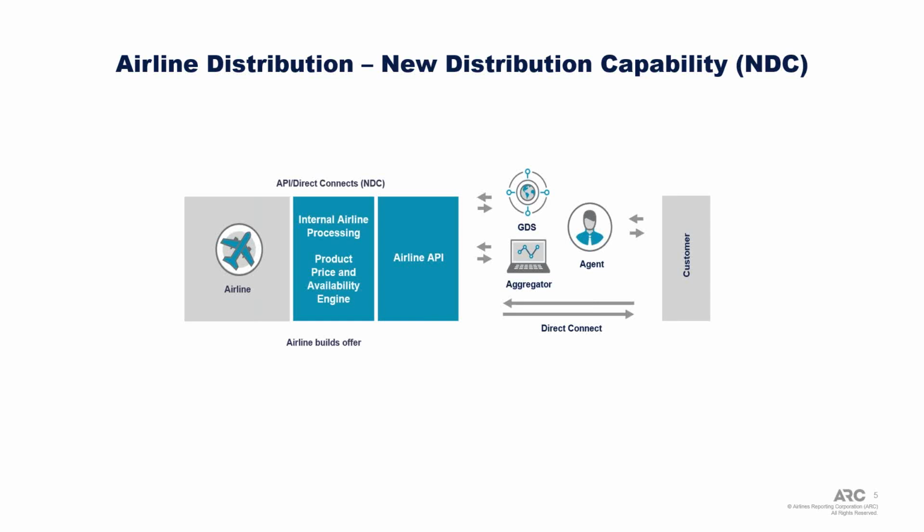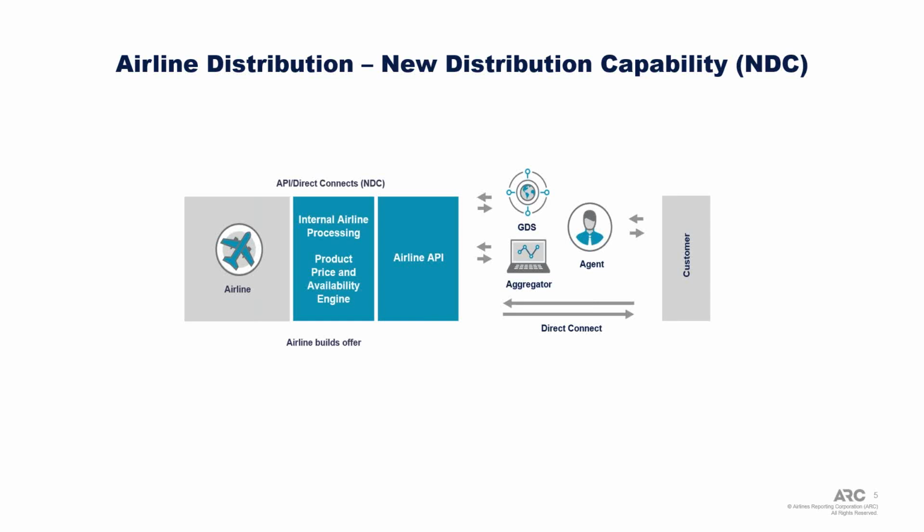So for example, the agency would use the XML schemas that are out there today provided by IATA, and they would get to the airline's content one of three ways. An agency can either go direct to the airline through the airline API, or the agency can go through a third party aggregator, and there are many companies that are jumping into the aggregator role.